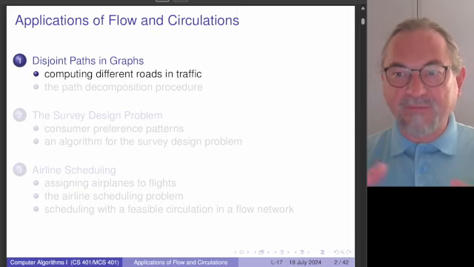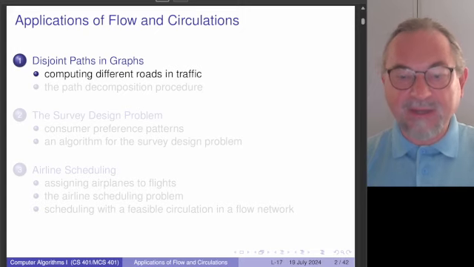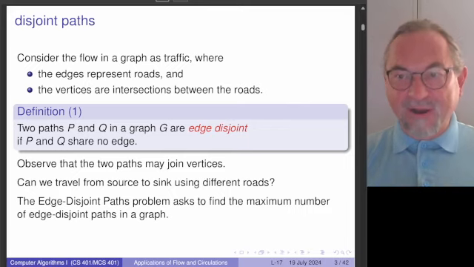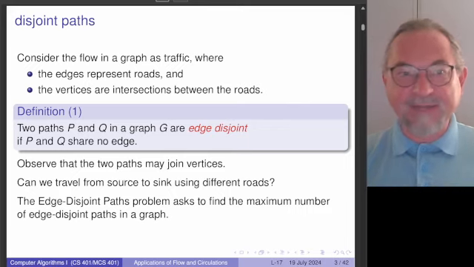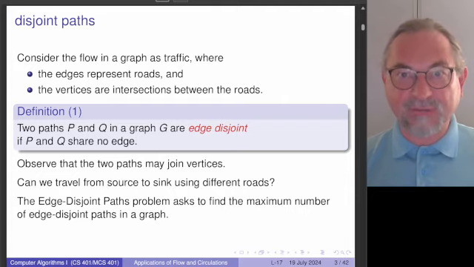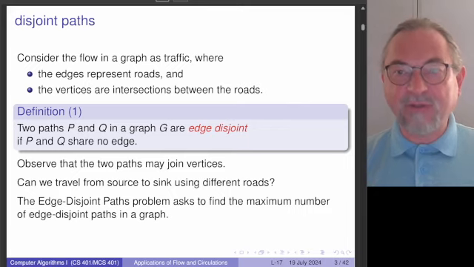When we think of flow, we can think of actual traffic. We are given a graph or a network, and the edges represent the roads, and the vertices are the intersections, where two roads meet each other. Then we say that two paths in a graph are edge-disjoint if they do not share an edge.